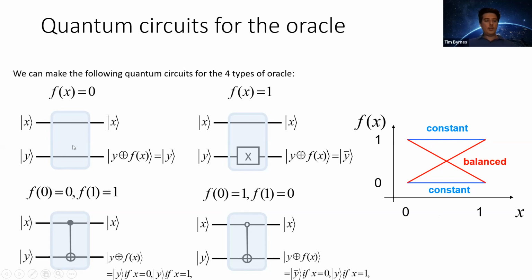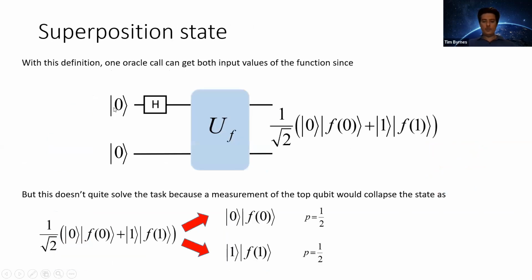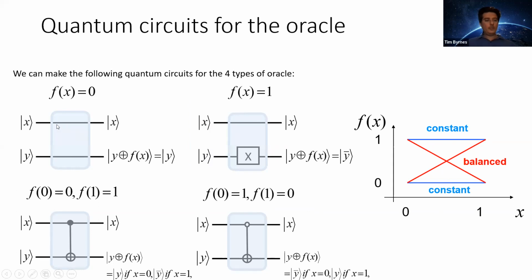So, for example, for f of x equals 0, you have y, and when we do this circuit here, what should be coming out here is f of x, which is equal to 0 in this case, right?